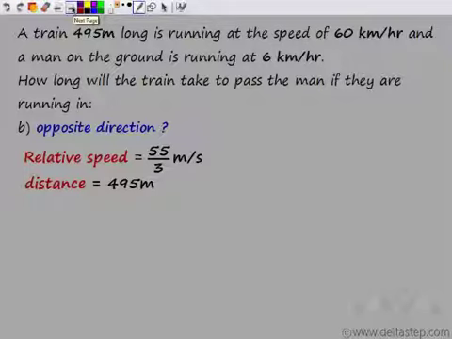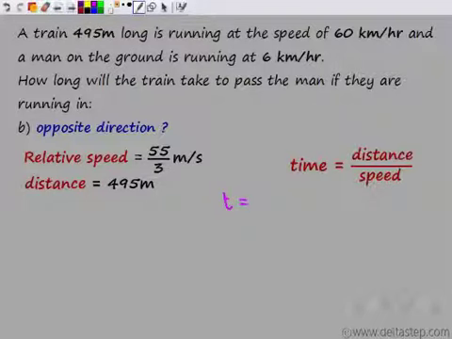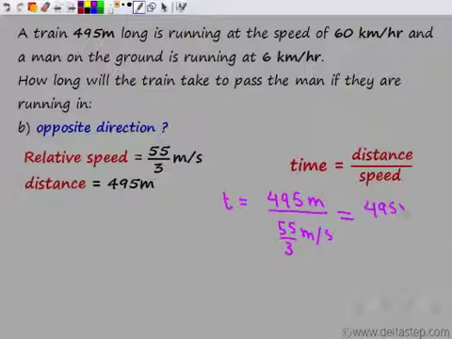Now I need to find the time. So time is distance by speed, which is 495 meters divided by speed, which is 55 by 3. So this gives me 495 times 3 divided by 55 seconds.